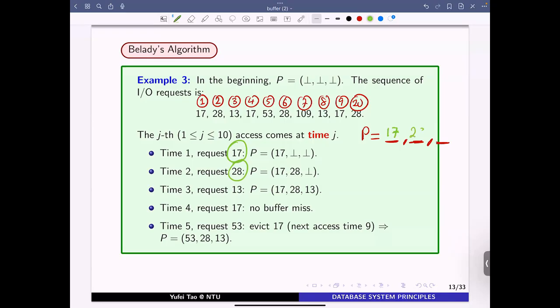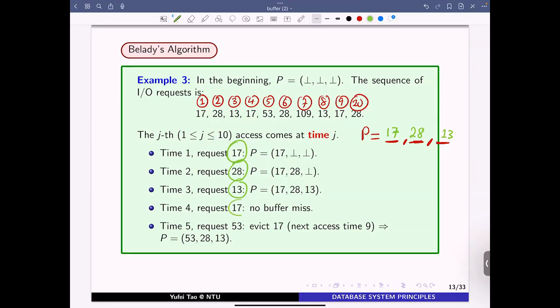Let's just say that 28 goes here. So far so good. Time 3, 13. Another miss. Well, so be it. We still have 1 empty slot, so we put the 13 there. No problem.